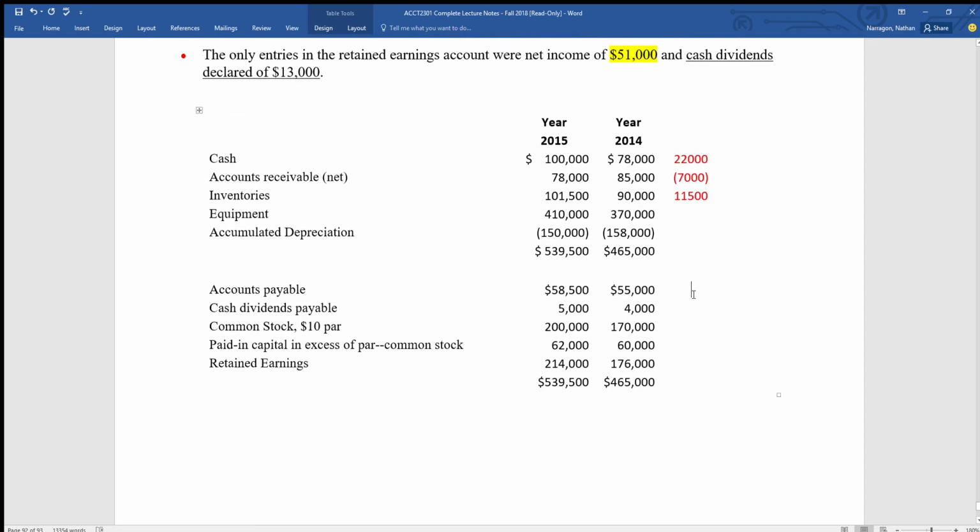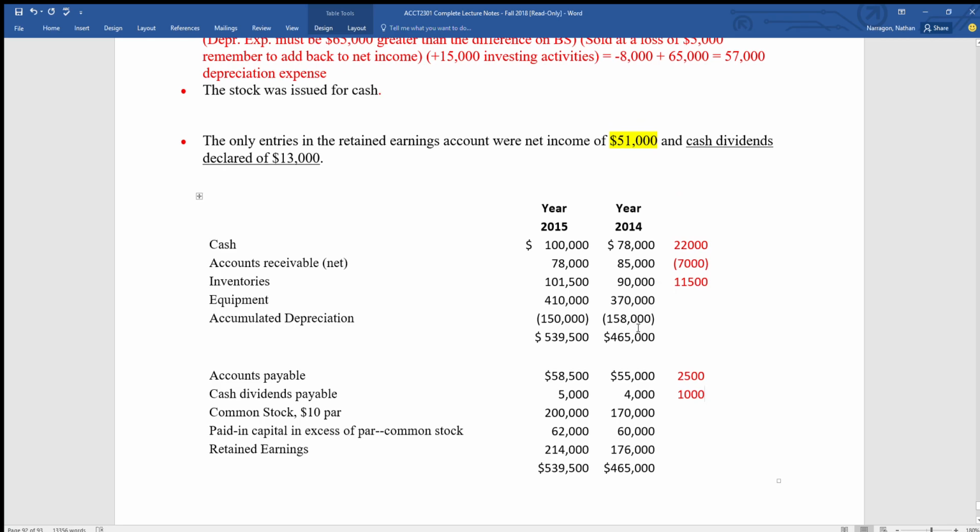Okay, accounts payable. Looks like it went down by 20, well, increased by 2,500. Cash dividends payable went down, or increased by 1,000. So that's interesting. Okay, we declared 13, but only increased by 1,000.